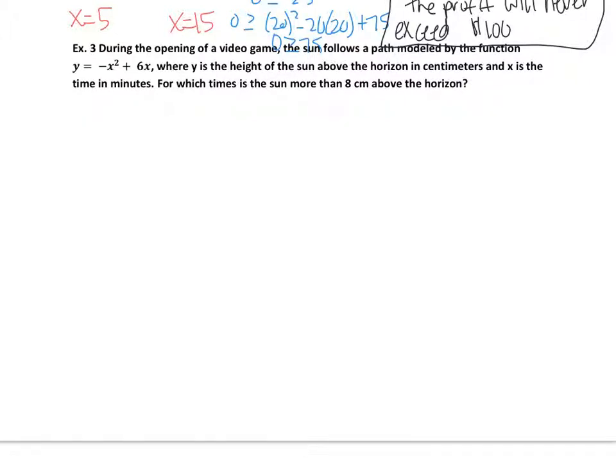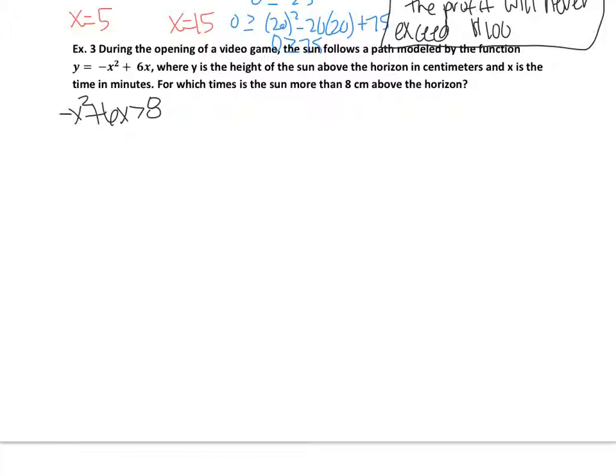If it wants times more than 8 centimeters, that means greater than. So I'm going to write my equation. Negative x squared plus 6x is greater than 8 centimeters. They want to know when it is more than 8 centimeters above the horizon.